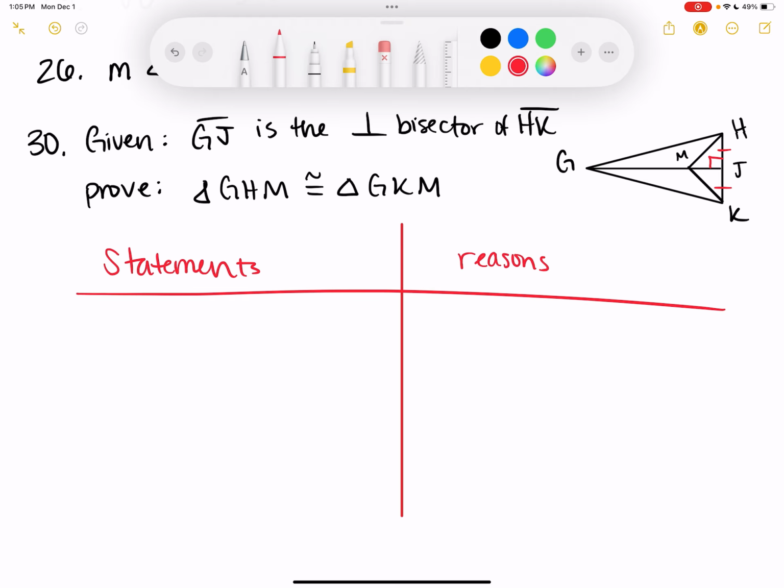What's my first thing? Given. Yep, the given. GJ is the perpendicular bisector of HK.